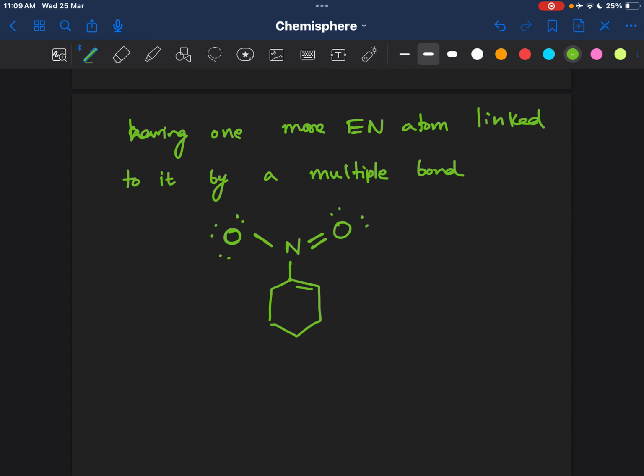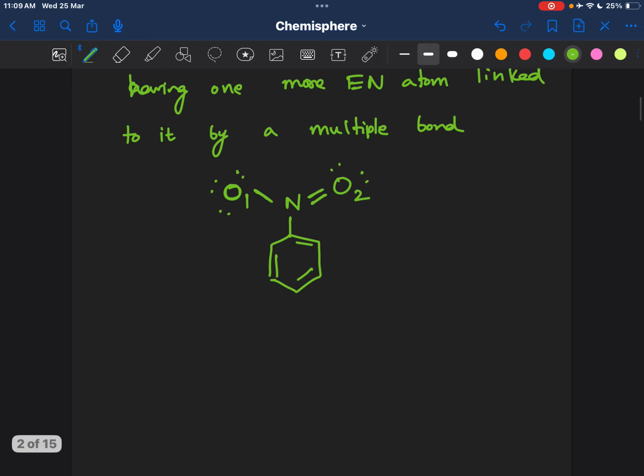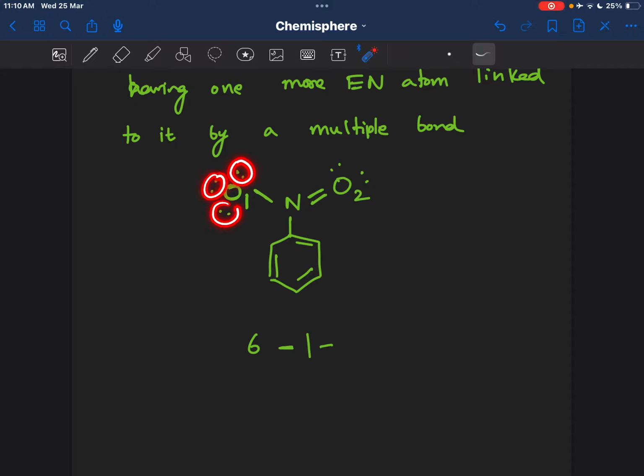But there are charges. Let us say this is O1, and this is O2. How to calculate the formal charge on O1? It will be 6 minus the number of electrons involved in bonding. 1 electron is involved in bonding, so 6 minus 1, and the number of electrons present as lone pairs, 2 3 4 5 6, is 6. And what is this 6? This 6 is the valence electrons of oxygen.